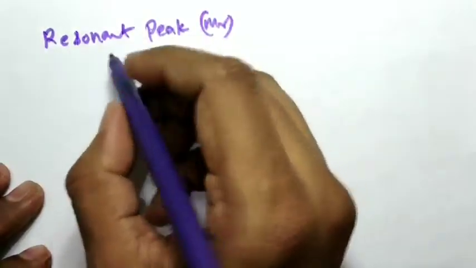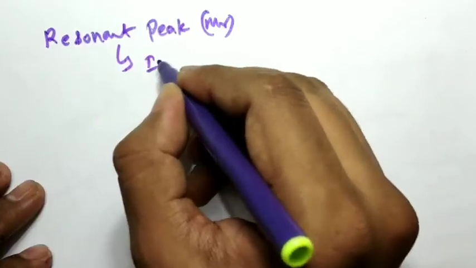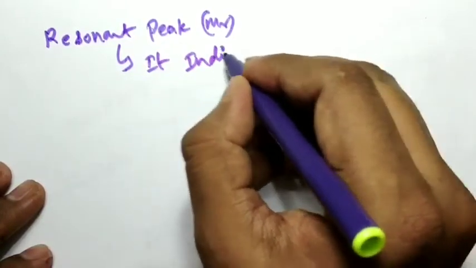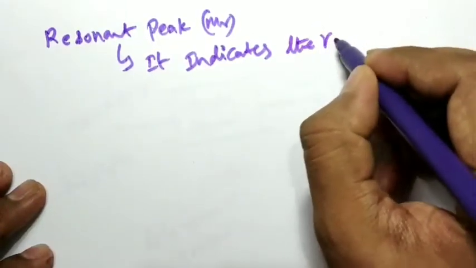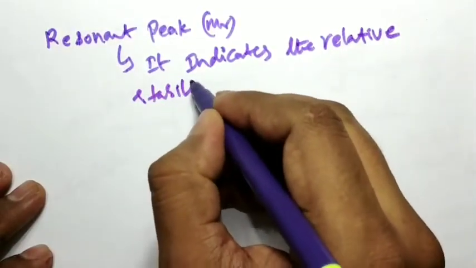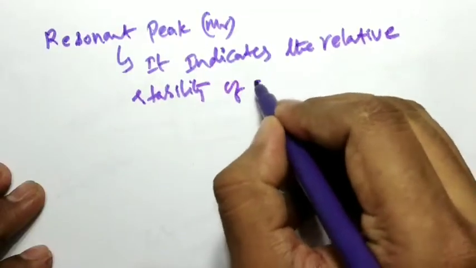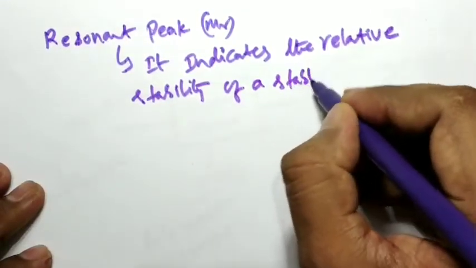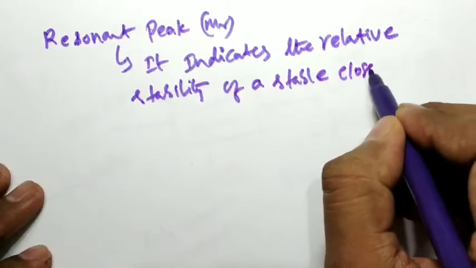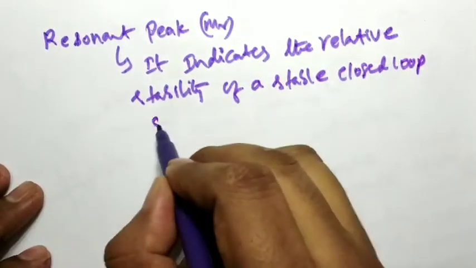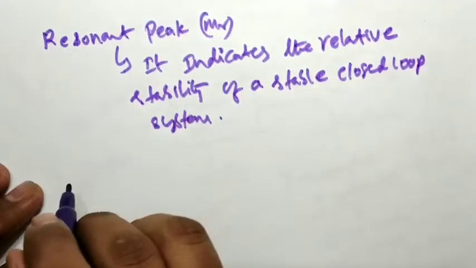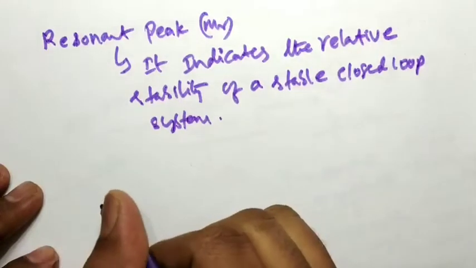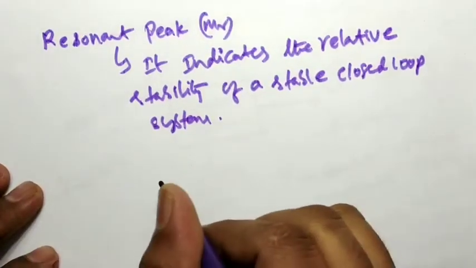So MR indicates the relative stability of a stable closed loop system, right?